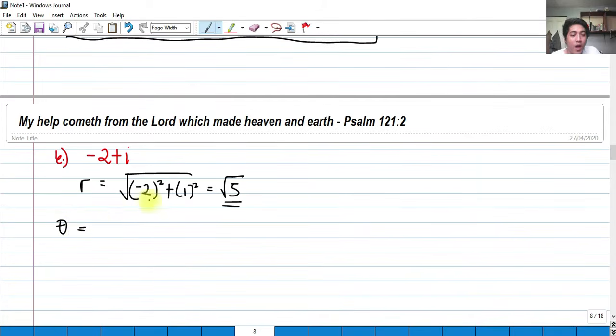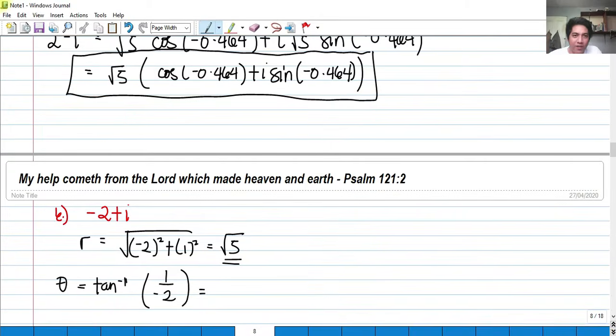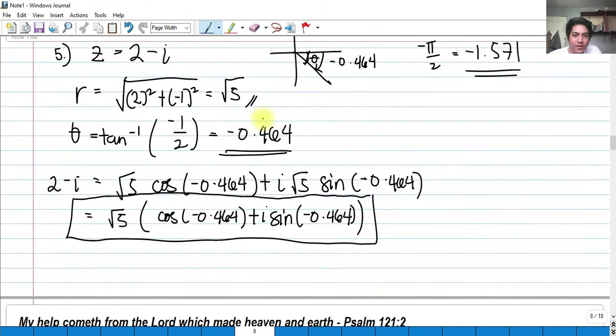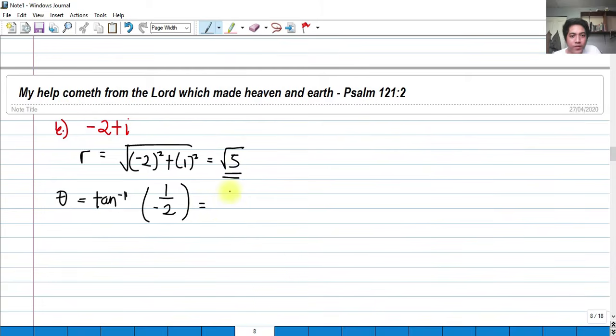Our theta would be arctan of 1 over negative 2, which turns out to be negative 0.464. But if you are going to notice, this complex number is located in the second quadrant, quadrant 2.